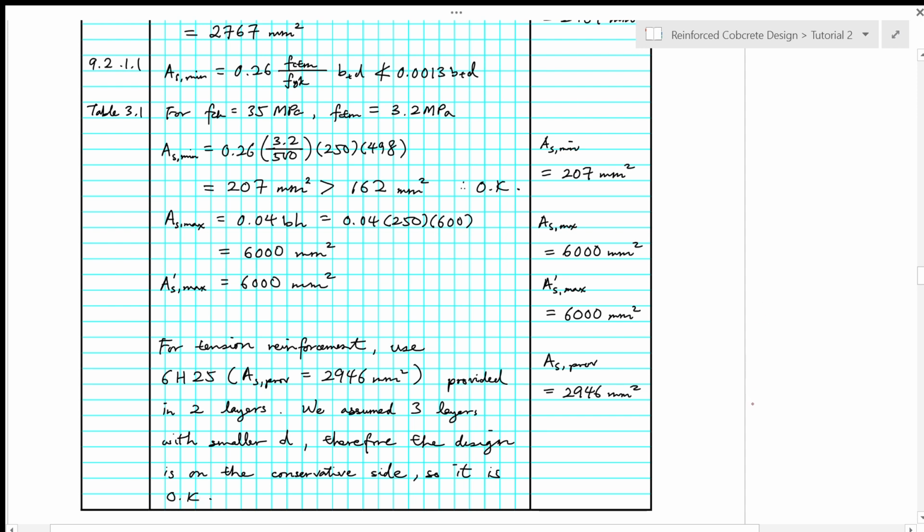What it means here is that in the actual design we have only 2 layers of steel. With 2 layers of steel, the effective depth is actually deeper than what we have assumed earlier. With deeper d, you are going to get less As required. Because of that, we can continue on the design.